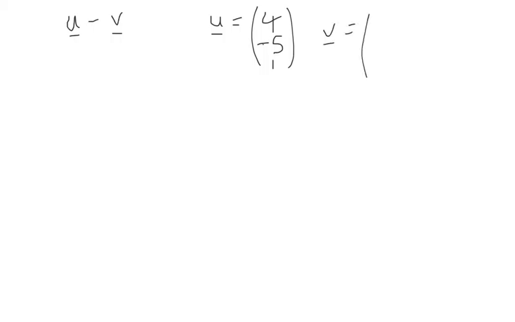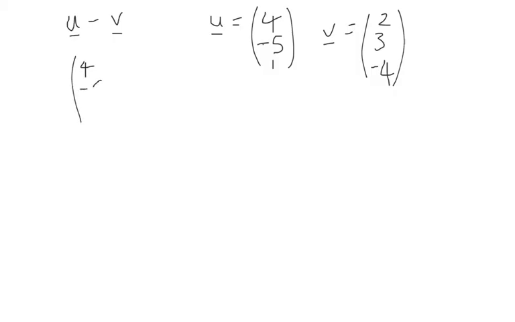Subtracting vectors. If we have u subtract v. Vector u is (4, -5, 1). And vector v, (2, 3, -4). We can subtract these.